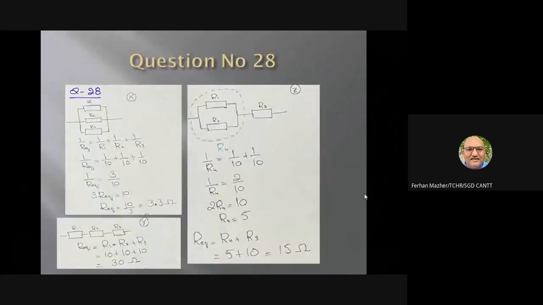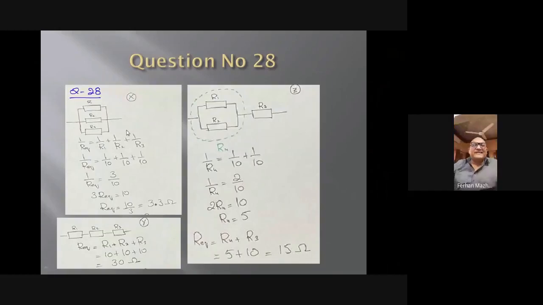For network X, these three resistors are connected in parallel to each other, so I can find their equivalent resistance. 1 by R equivalent is equal to 1 by R1 plus 1 by R2 plus 1 by R3. Just put the values, do this calculation, and the R equivalent will be 3.3 ohm. So for network X, the combined resistance is 3.3 ohm.